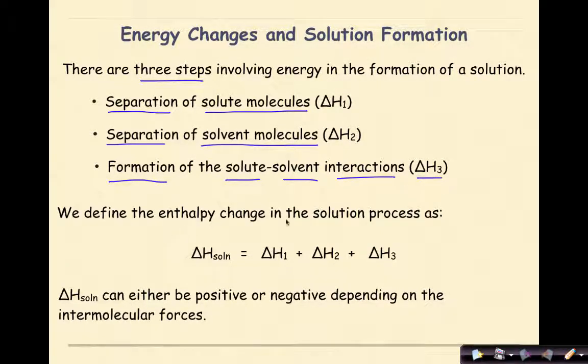We define the enthalpy change in the solution process as our overall heat of solution, which is equal to the sum of the interactions from separation of the solute molecules, the separation of the solvent molecules, and finally the intermixing of the solute and the solvent. The heat of solution can either be positive or negative depending on the intermolecular forces involved.